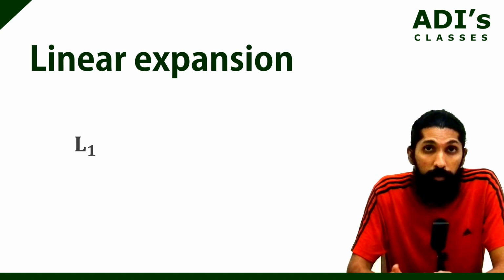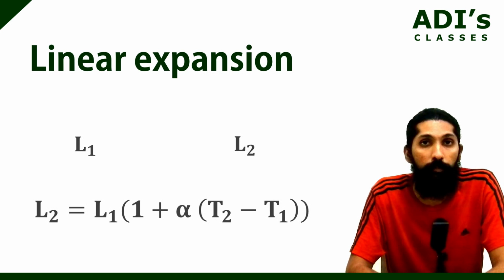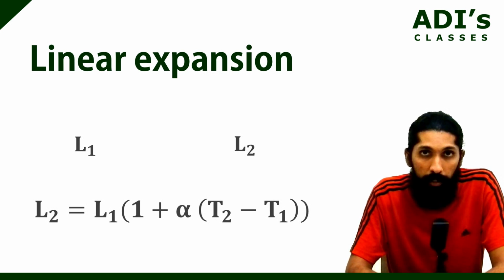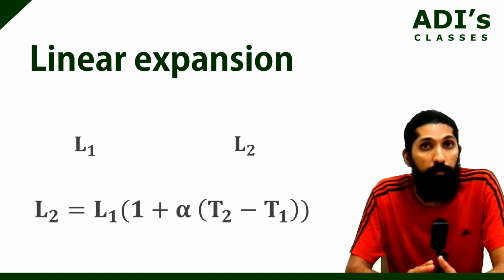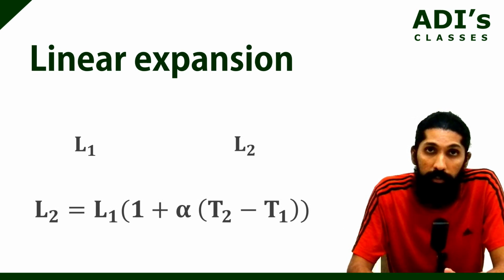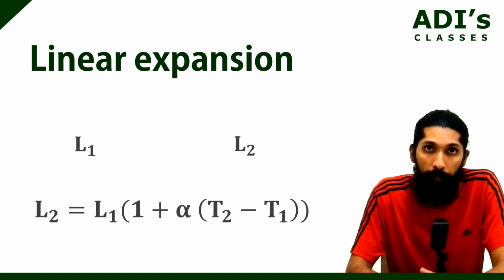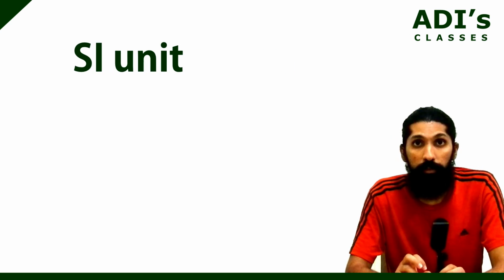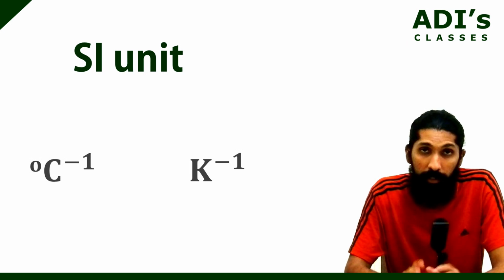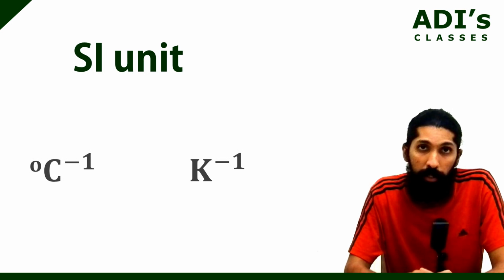That is, suppose if you have L1 and L2, then you'll get L2 is equal to L1 into 1 plus alpha into T2 minus T1. This is the change in the length, or you can also call it as the increase in the length. Alright. Now, alpha, the SI unit is per Kelvin, but generally we can call it as per degree Celsius or per Kelvin. This is linear expansion.